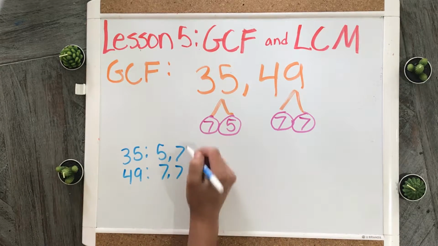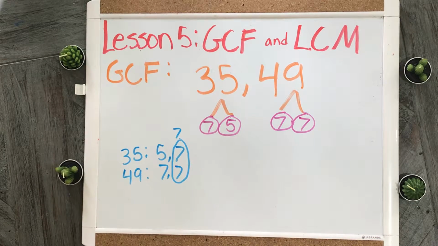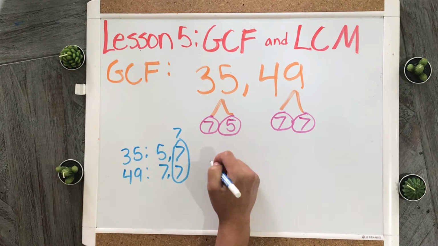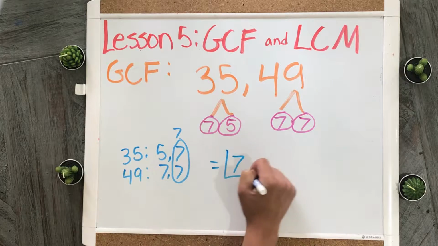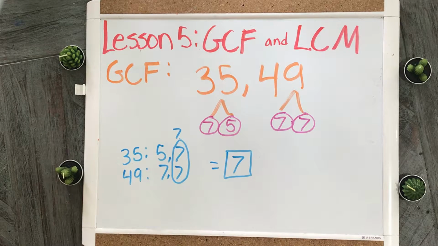Circle what is common. We only have one thing in common, and that's 7. Being that we're not worried about what we don't have in common, we only have 7. Since there is nothing else in common, we cannot multiply 7 times anything else, so we just use that 7 as our greatest common factor.